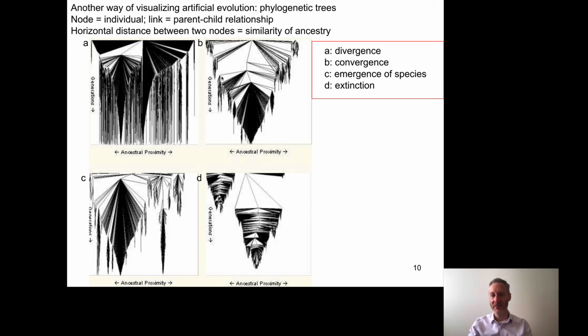So these individuals out here are not related to each other very closely, although I notice now I'm picking a bad example because this is not always true in a phylogenetic tree. These out here are still second cousins, but if we go deeper into one of these thicker trees, horizontal distance represents genetic distance.